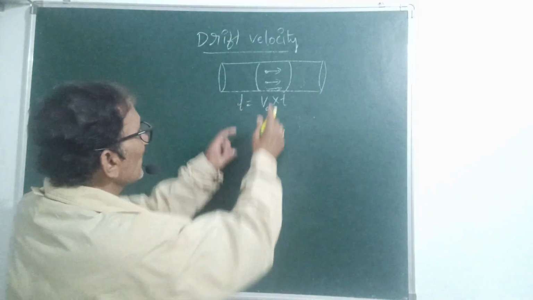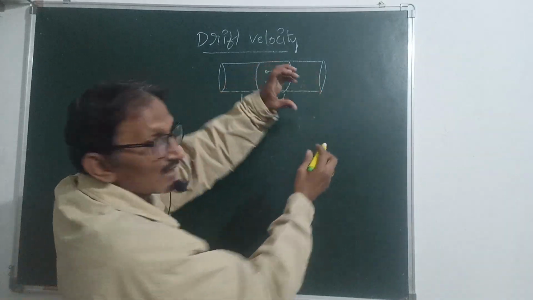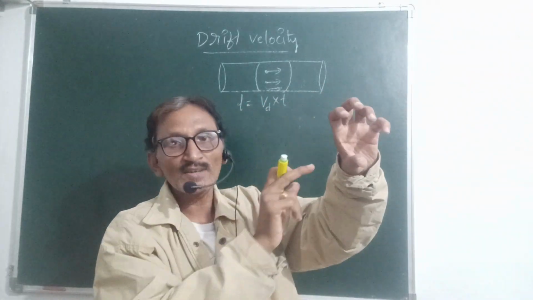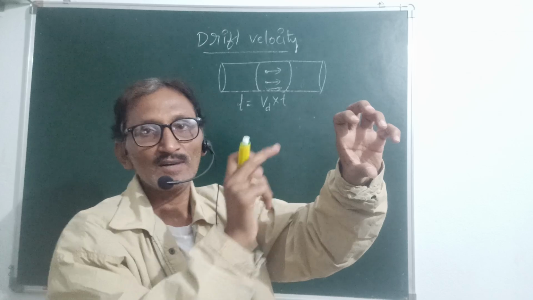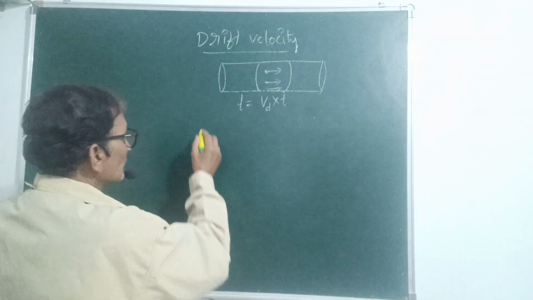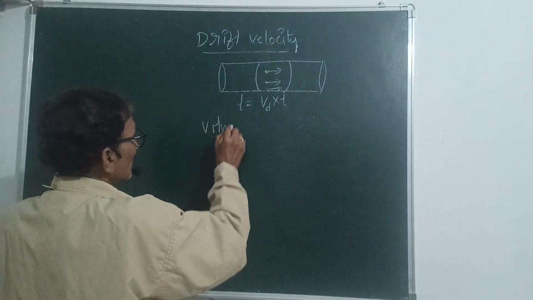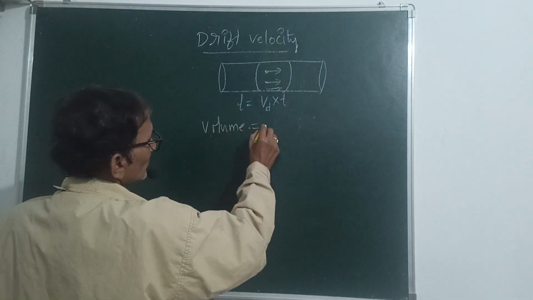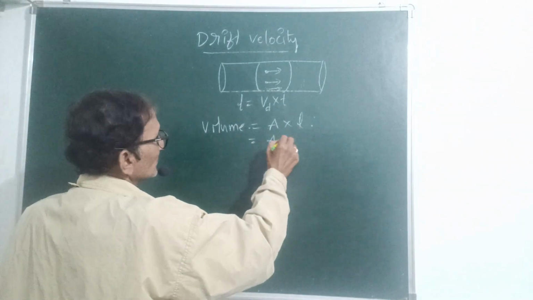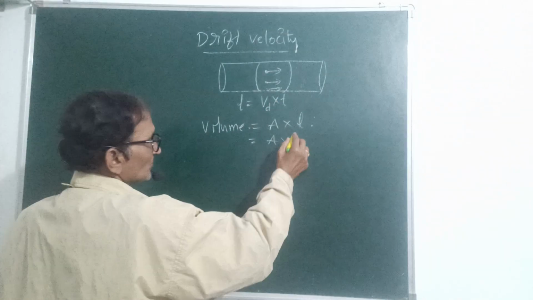So consider the volume of that area, like a water pipe where we see the water coming out. In that volume, with the cross-section area of the given conductor, the number of electrons are coming out. So the volume of the conductor is equal to area into length, that is A into length, which means A into drift velocity into time.